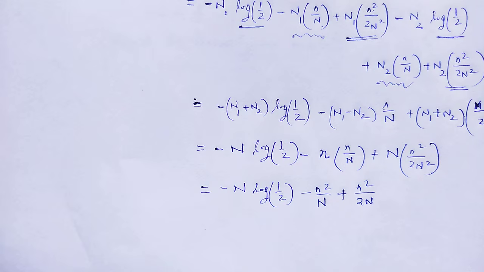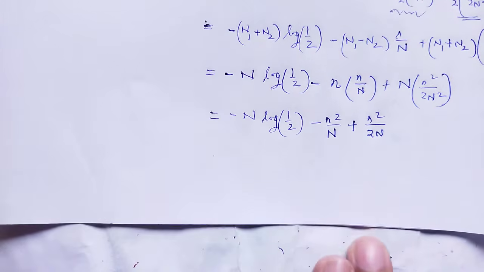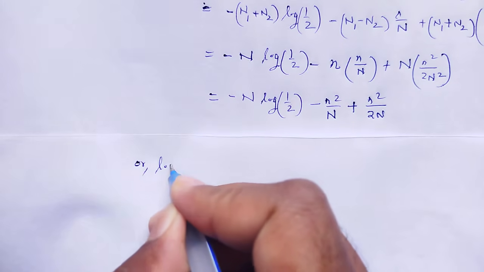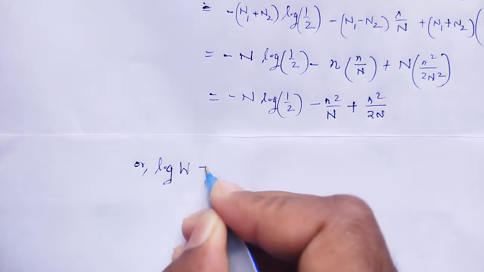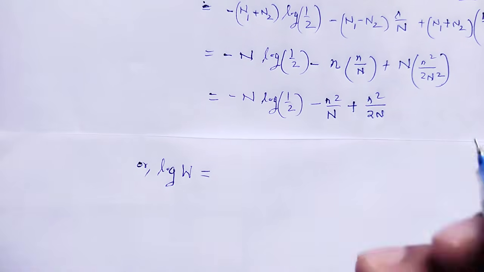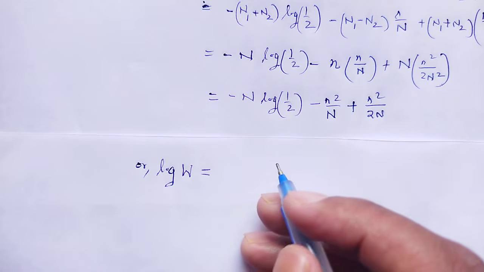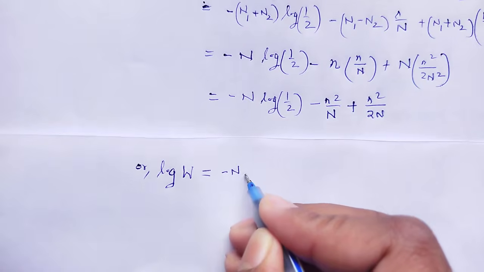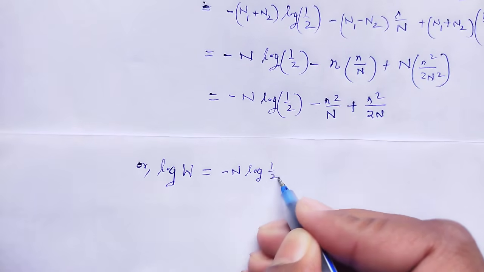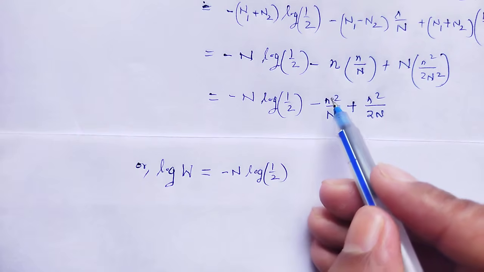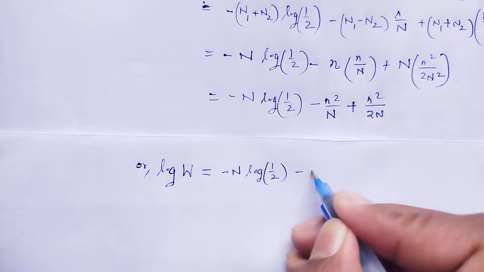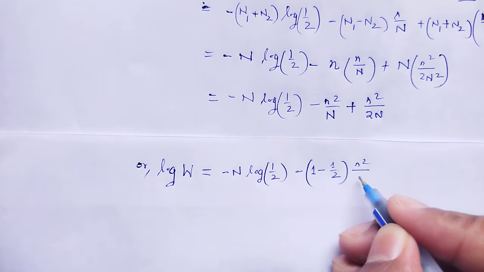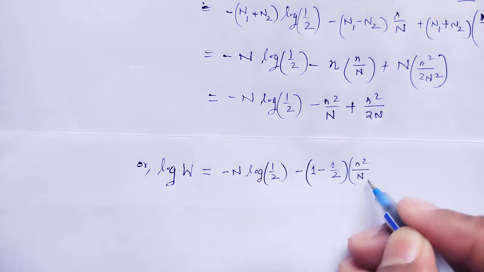Next, that is for log W: minus n log half, from these two terms n square n common, within that bracket we obtain 1 minus half, n square divided by n as common term.